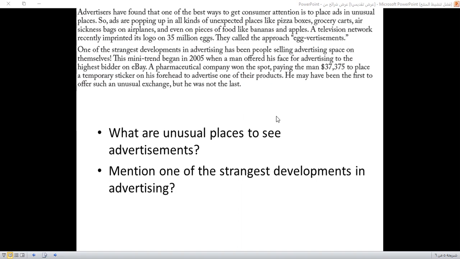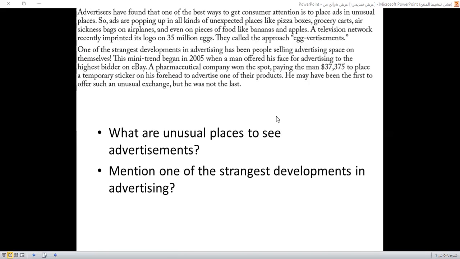We are expecting to see advertisement on them. But what are the things that we're not expecting? Pizza boxes, grocery carts, air sickness bags on airplanes, and even on pieces of food like bananas and apples.